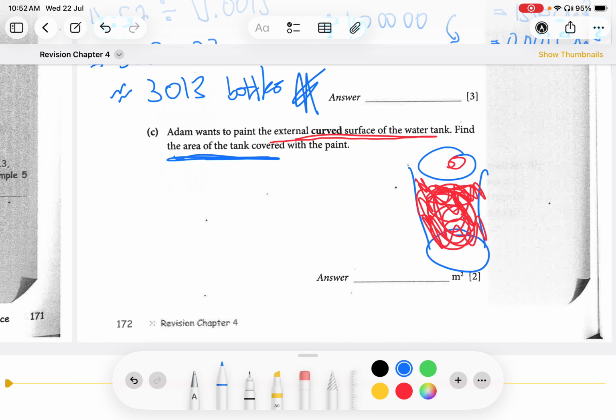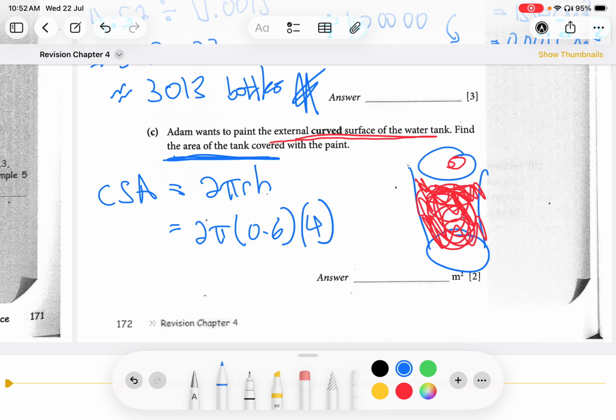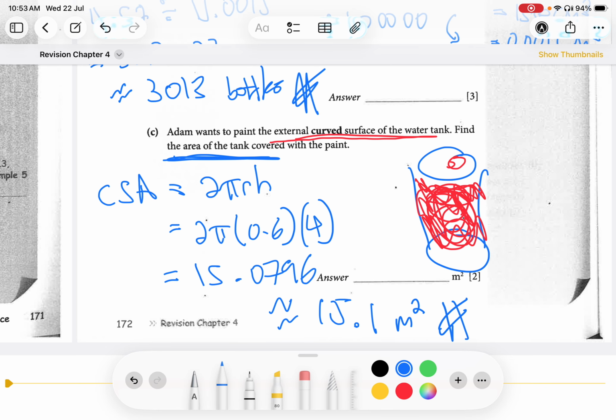The curved surface area, CSA, is 2 pi r times h. That is the curved surface. 15.0796, 15.1 meters squared. That's the external curved surface area.